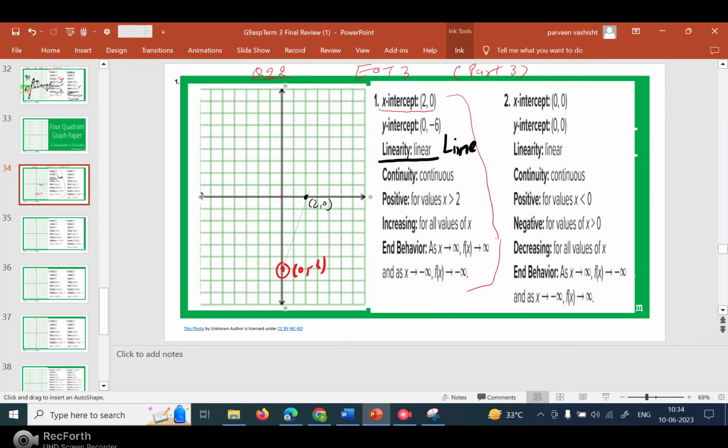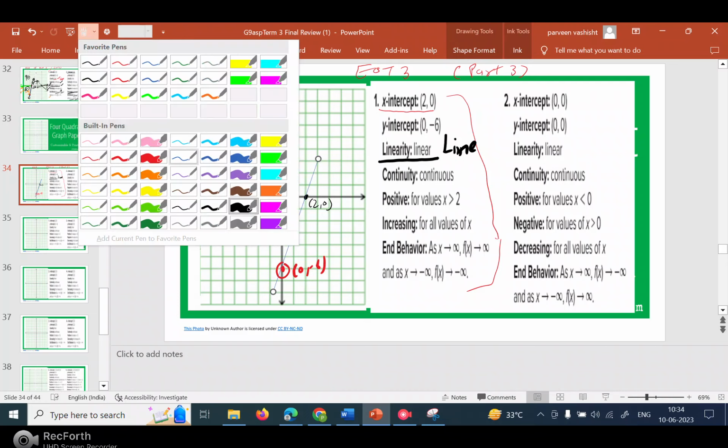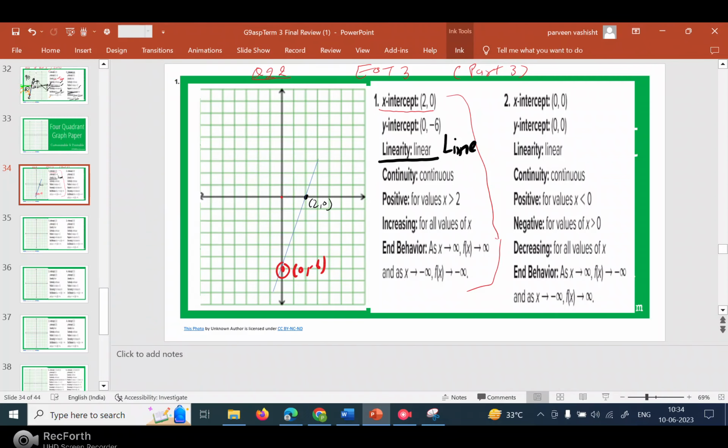So I can draw a line like I have drawn it. You can see. So now you can darken it. Try to make your line dark so that it will be easy for you to see. Okay, so this is the graph of this line.